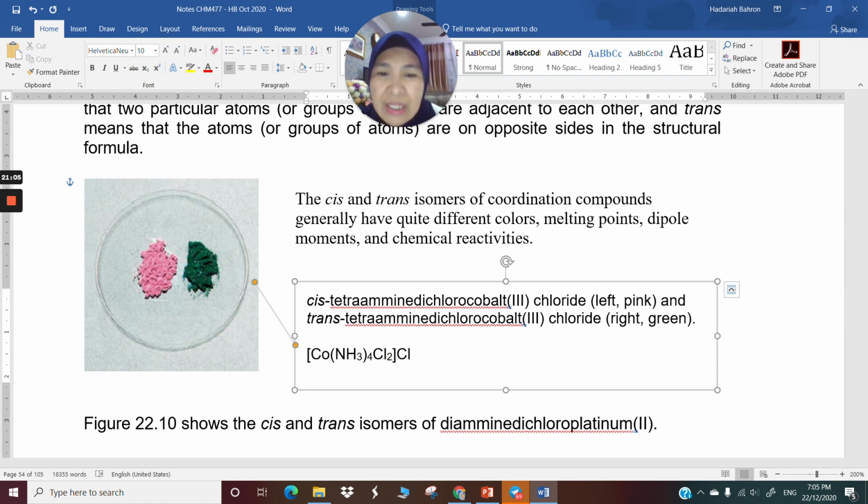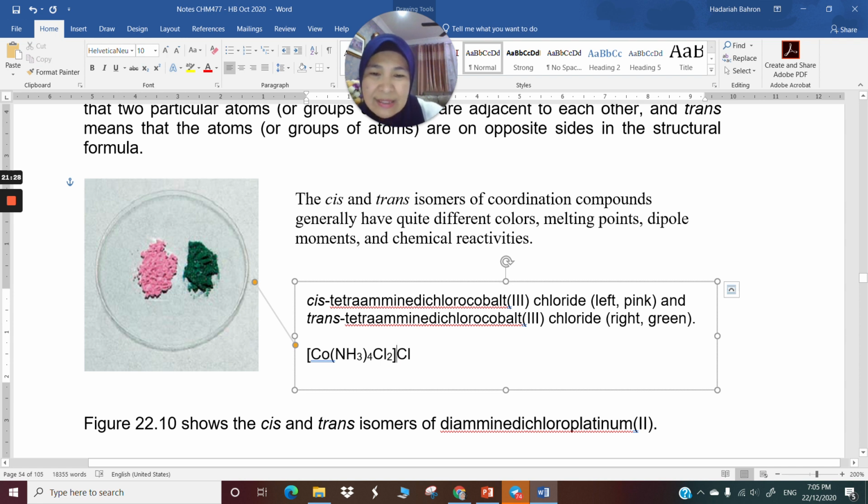Now, can you tell me how many chlorides there will be outside? How do you determine that? You just have to look at the charge of this complex ion. You know it is cobalt(III), so 3, 0, minus 2. So this must be 1 plus.